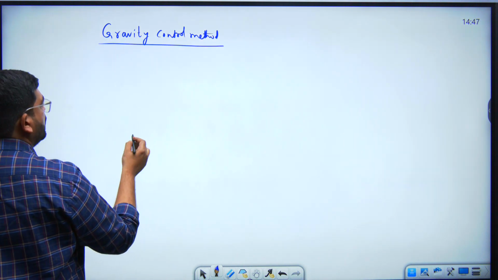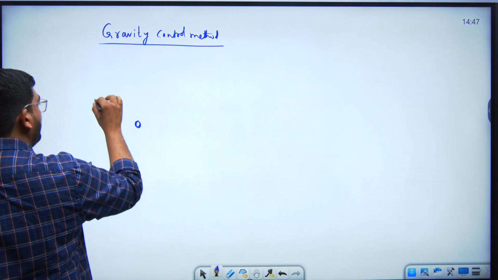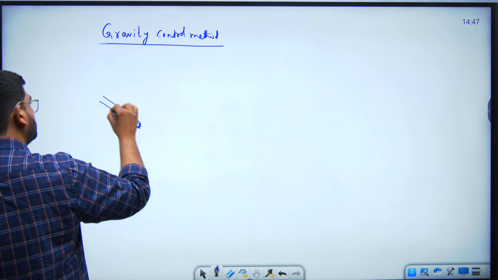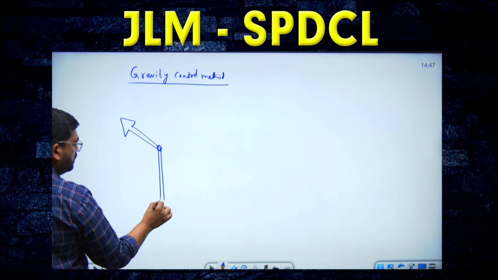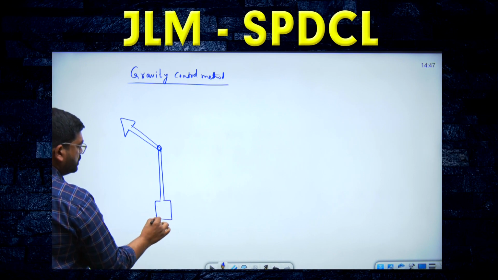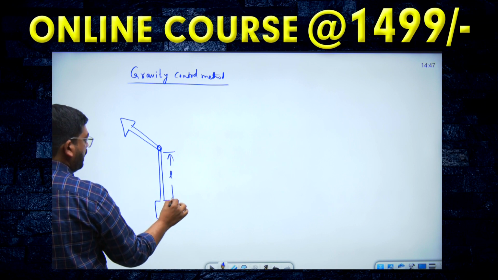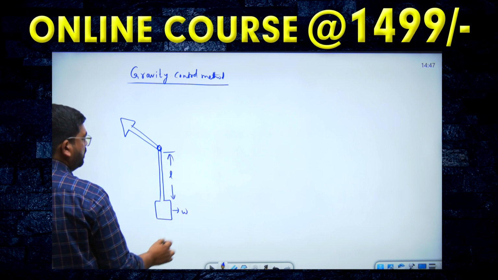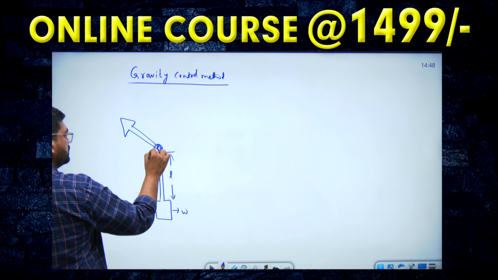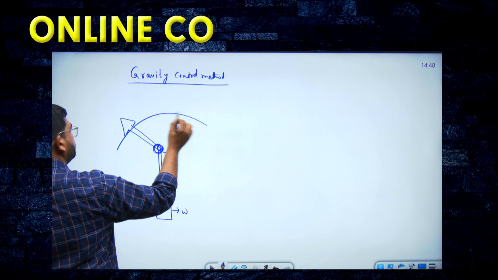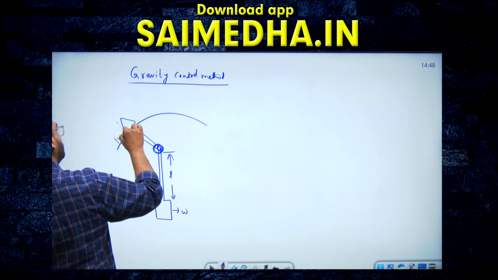So here how it is attached, this is our pointer. The pointer is attached to a control weight which is placed in vertical position, with the length of L and having a weight of W. And here the scale is present in our instrument.